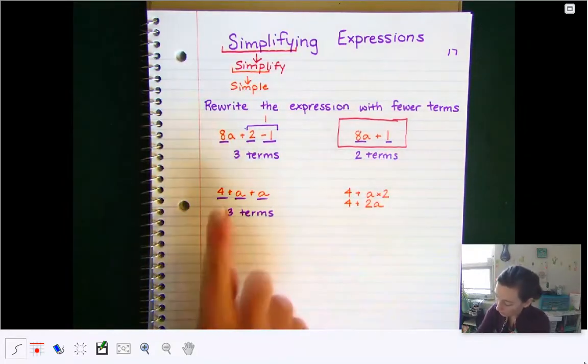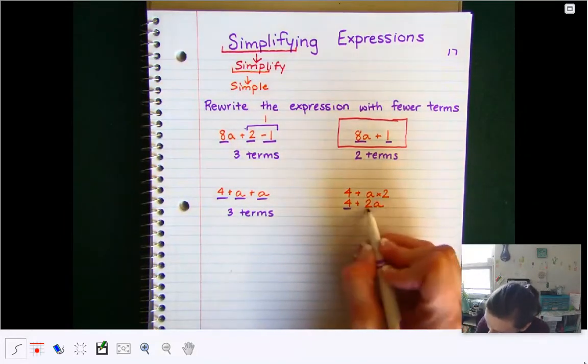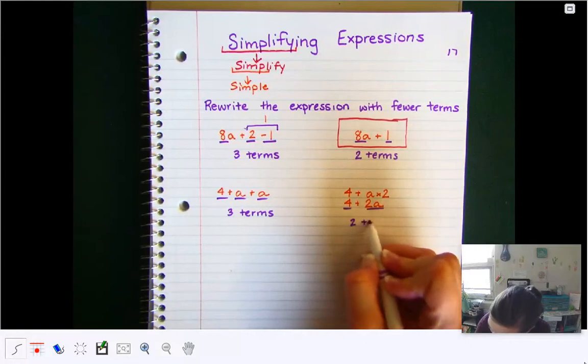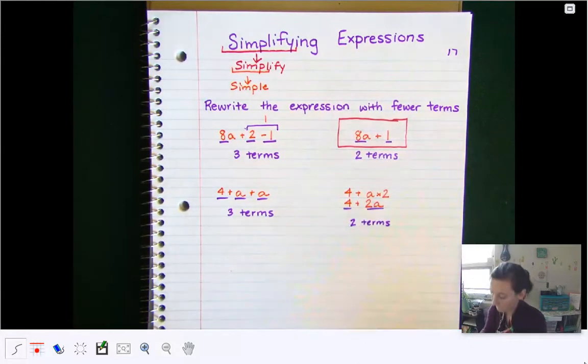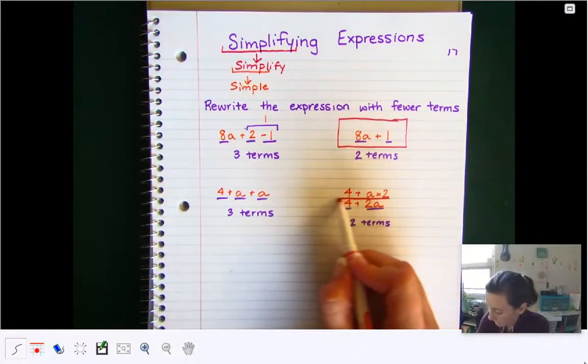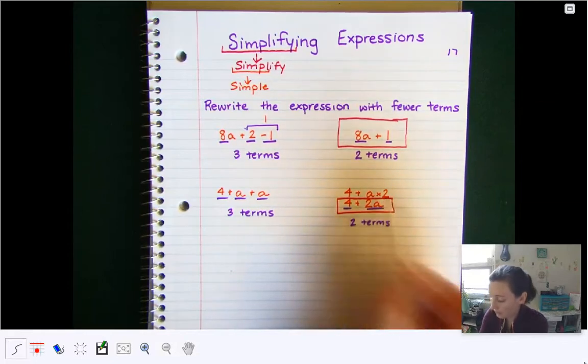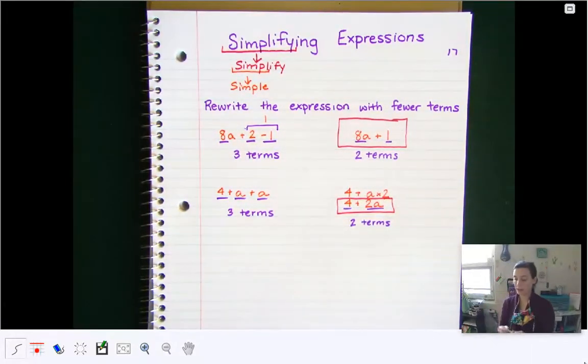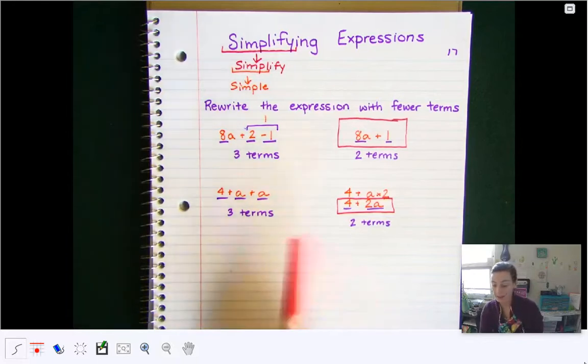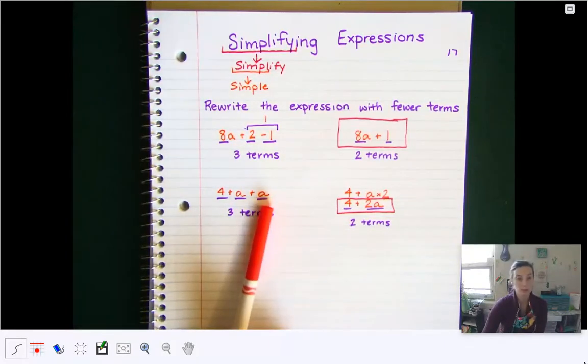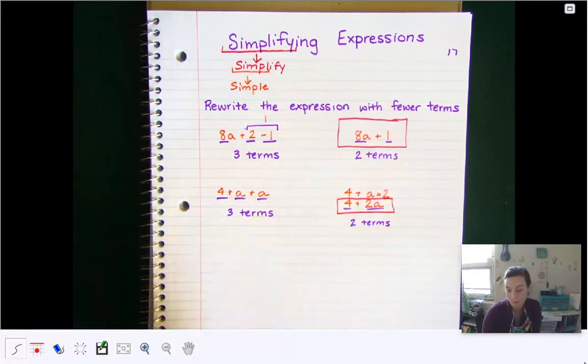So here I went from 3 terms to 2 terms. So here's our simplified version, 4 plus 2a. Because no matter what a is, a plus a will always be the same thing as a times 2. We sometimes refer to this as combining like terms.